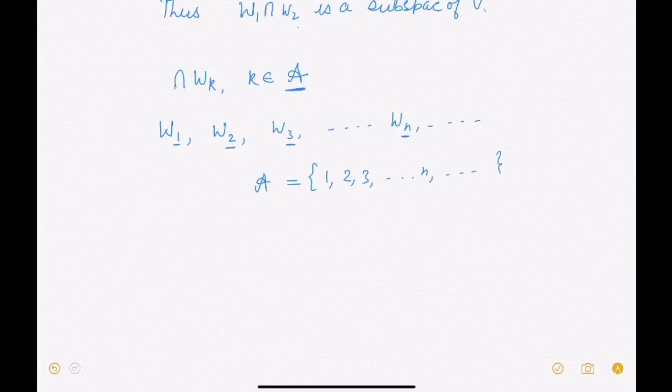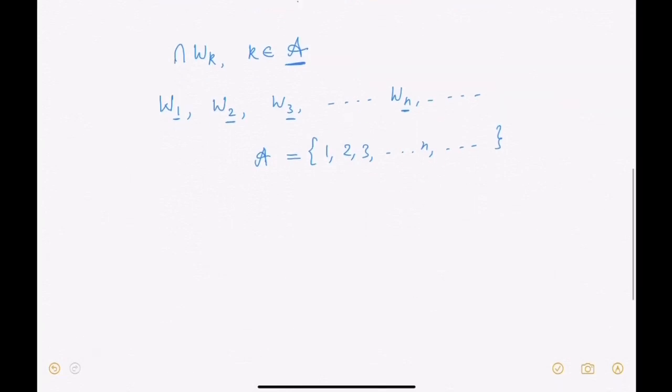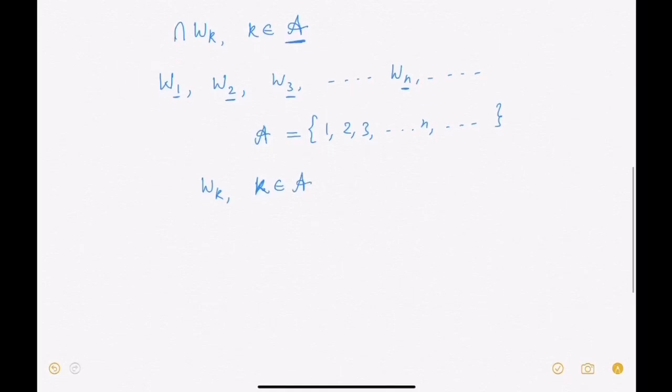Whatever these indices are, A is a set of indices. So instead of writing 1, 2, 3 and n, we represent this set as Wk, where k belongs to the set of indices, that is the set A.